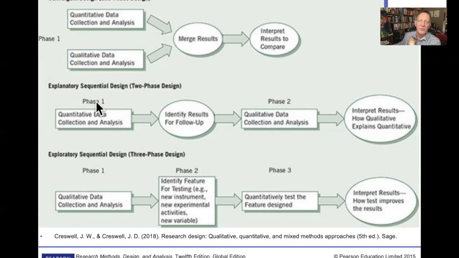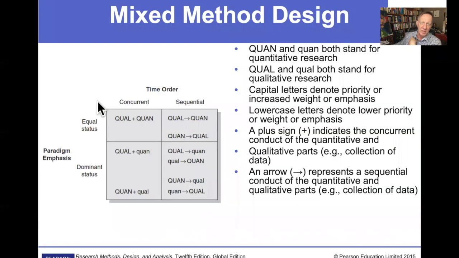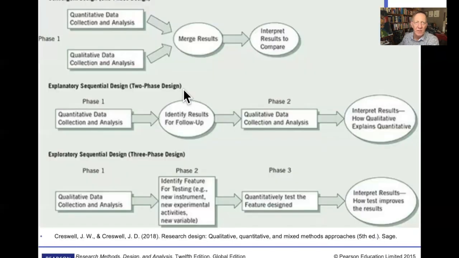When you have a two-phase design, look at your table, then you have a sequential design. Explanatory sequential design or a two-phase design. Phase one, quantitative data collection and analysis, identify results for follow-up, and then qualitative collection and analysis, and then interpret the results: how qualitative explains the quantitative.